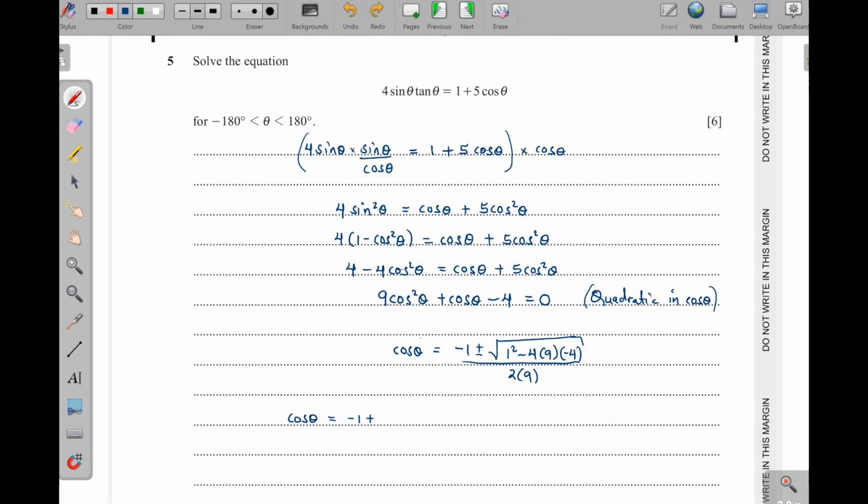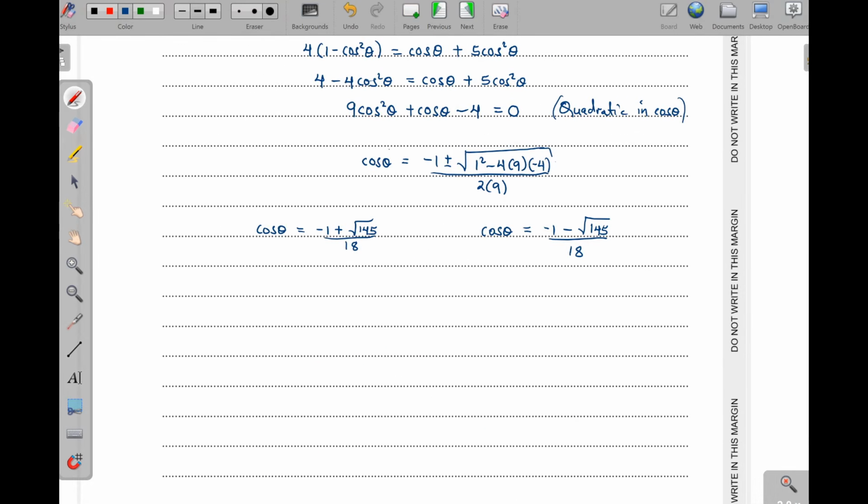Adding it to 1 gives 145, then out of 18. Also, cosine of theta is equal to negative 1 minus the square root of 145, then out of 18. We consider the plus and then the minus.